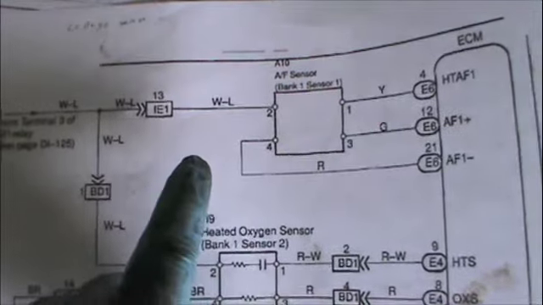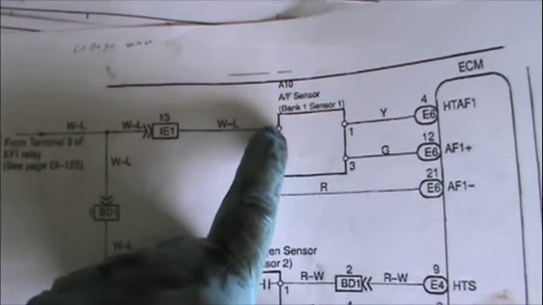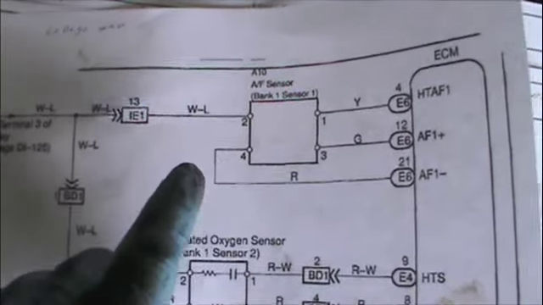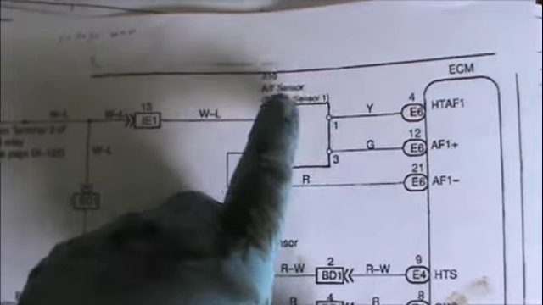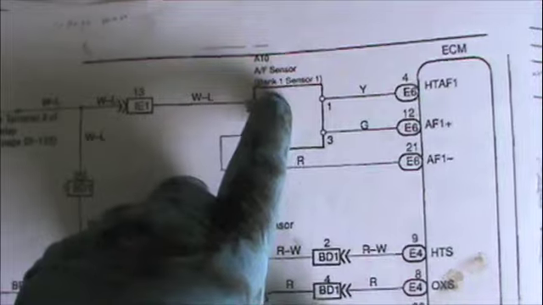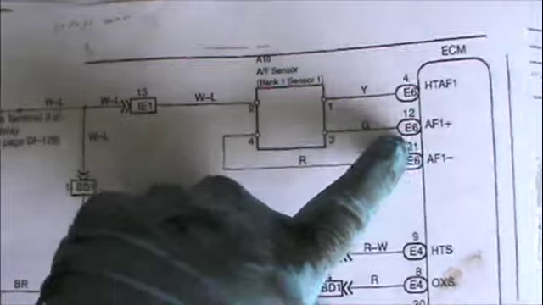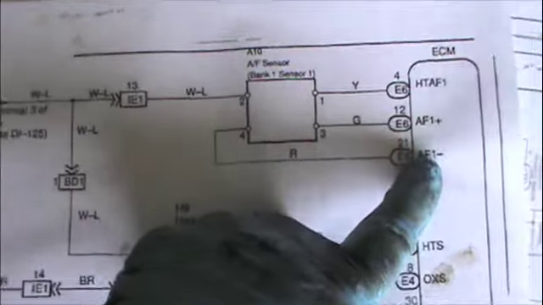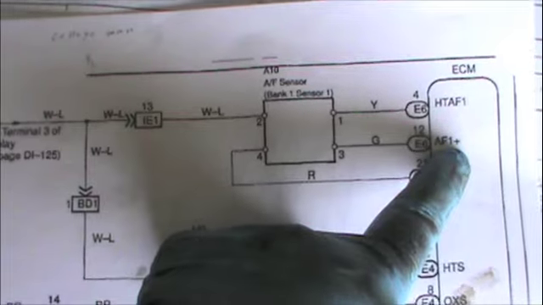But inside the sensor, there should be continuity in the heater element, and there's not. It's open. And for the signal wire, we have a red one and a green one. The red one is the negative wire, and the green one is the positive wire.